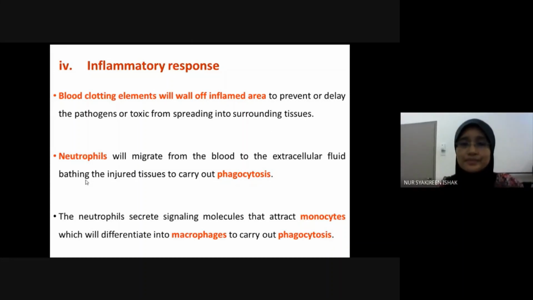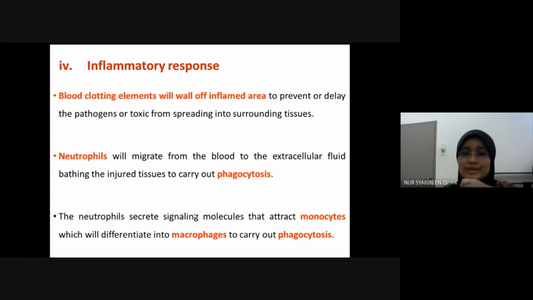Okay. And then neutrophil. So tadi kita tahu kalau if you are injured, if you are sick, the most abundant white blood cells that will be present is the neutrophil. Okay, so neutrophil will migrate from the blood to the extracellular fluid or interstitial fluid that bathes the surrounding tissues to carry out phagocytosis.